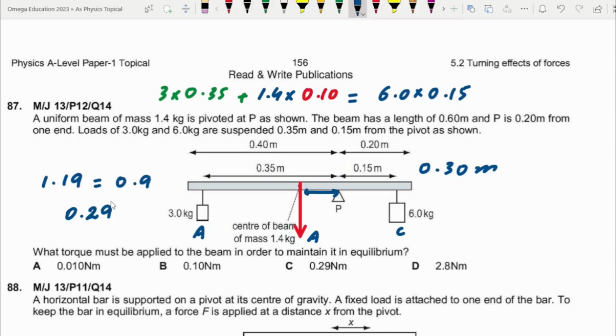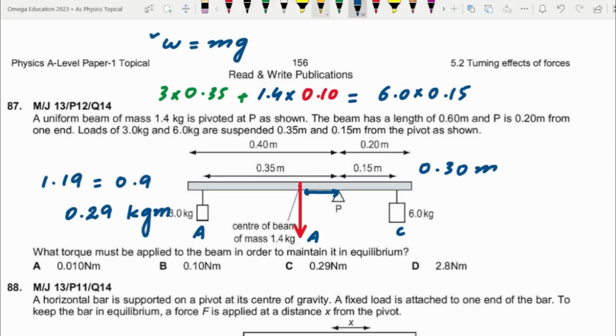You use the masses for this situation, so the final answer in this case would be kilogram times meter. The last step is very important because you did not convert any of the masses into force. In order to convert the mass into force, you need to use the formula W equals mg.